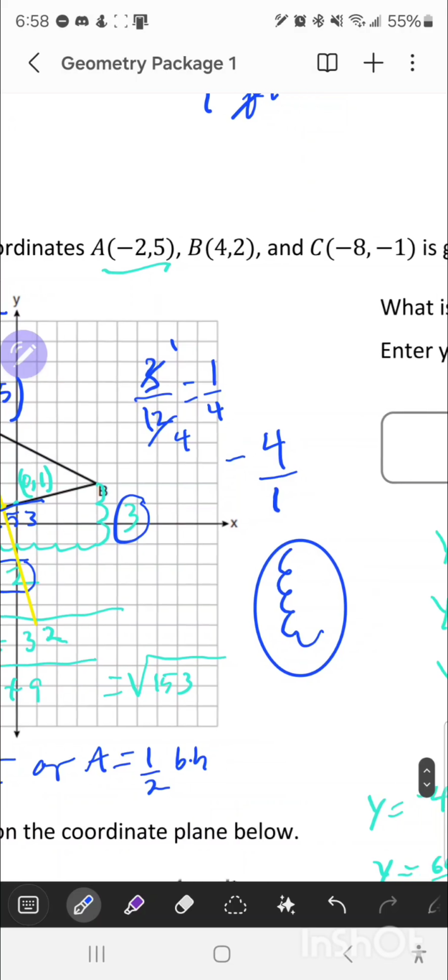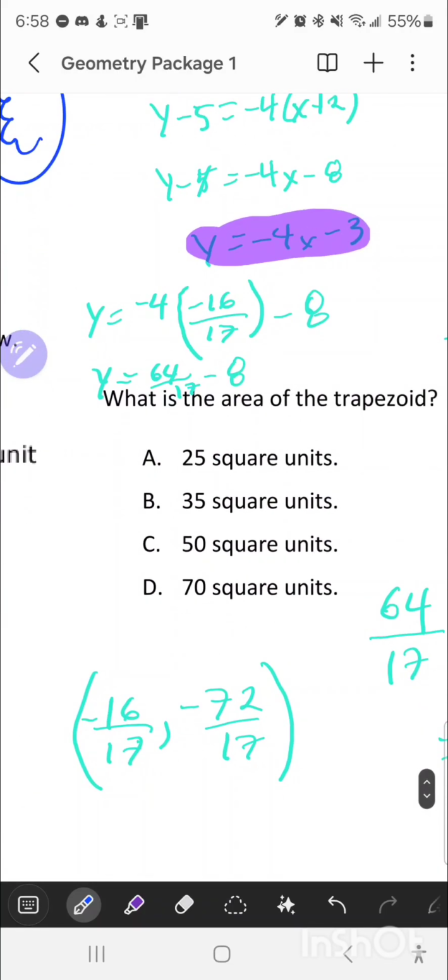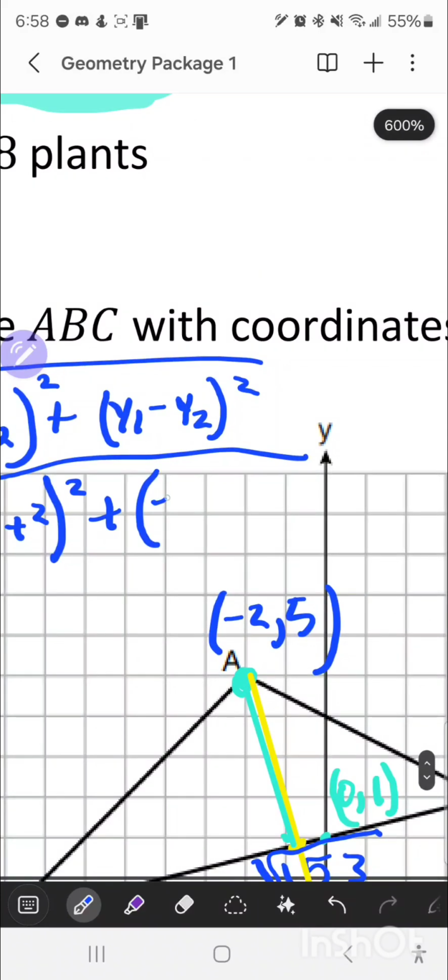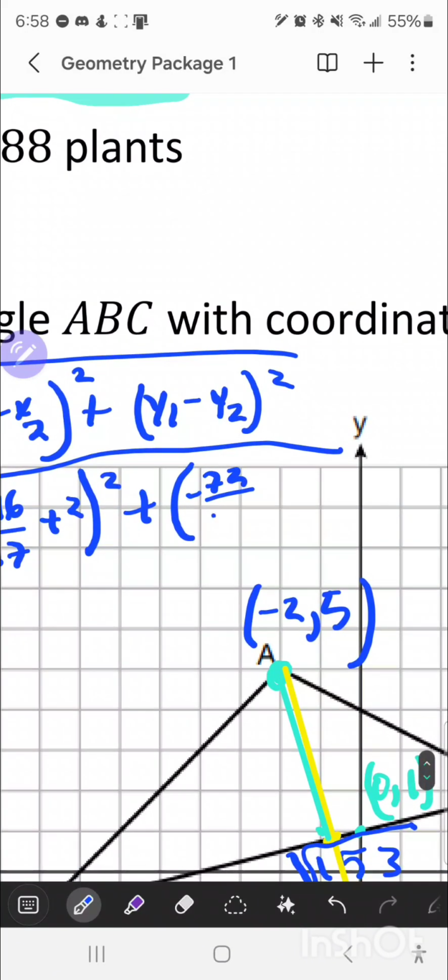Plus my y1 will be negative 72 over 17, minus 5.